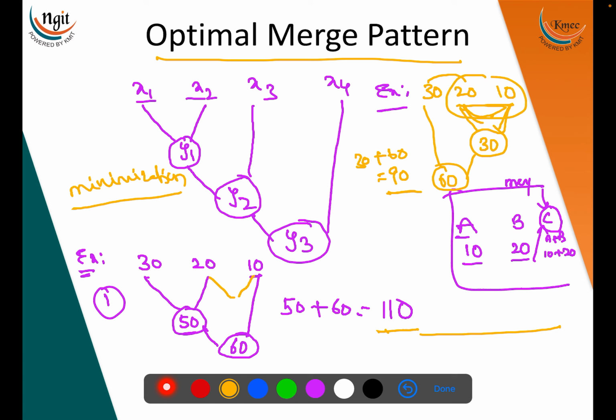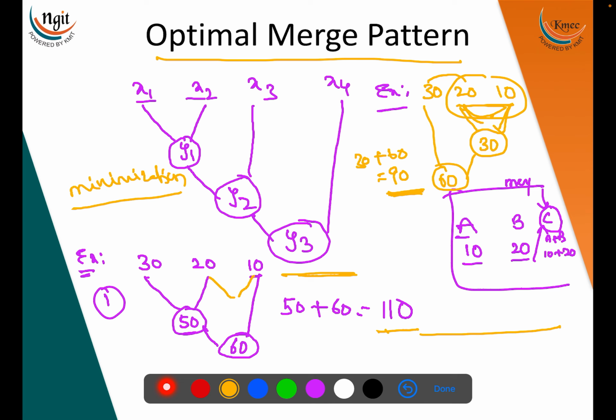So as far as this example is concerned, this will be the feasible solution. Correct? You can also have many more. As the number of records increases, the number of patterns to perform the merge operation increases proportionally. So the feasible solutions can be many, but what is the optimum solution?